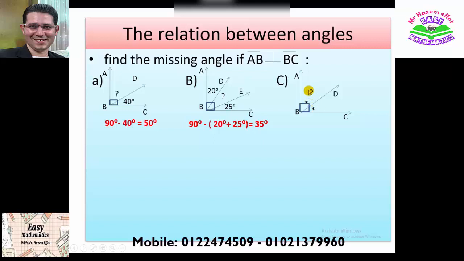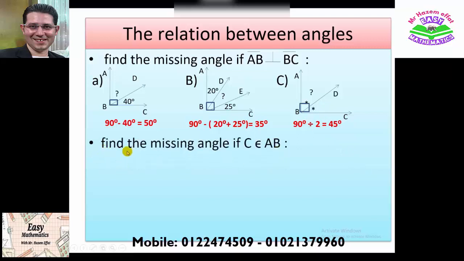And he asked me to find one of them, the measure of angle ABD. Here we can subtract or divide. Yes, we must use division here. It will be 90 divided by 2, equal to 45 degrees. Each one of them will be 45 degrees.